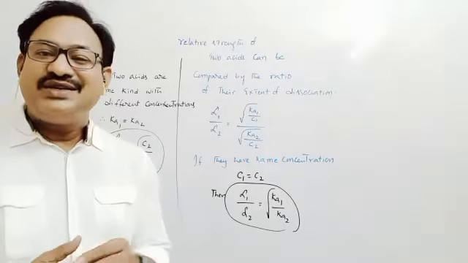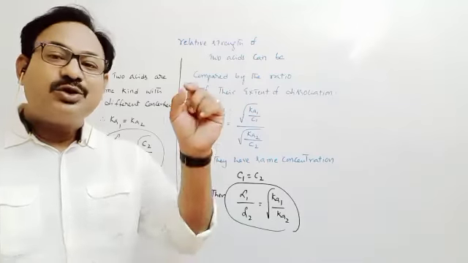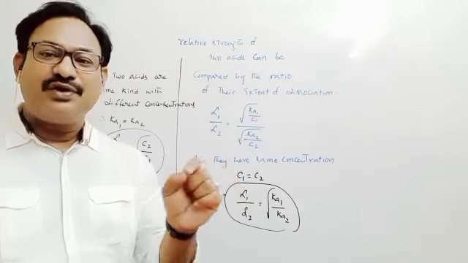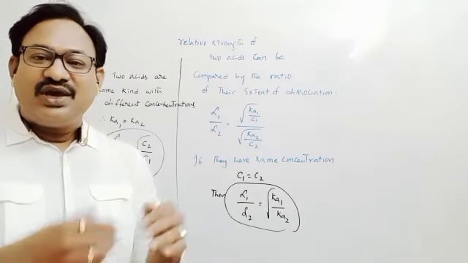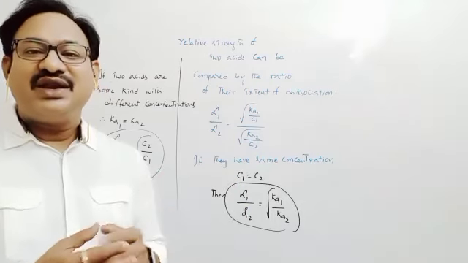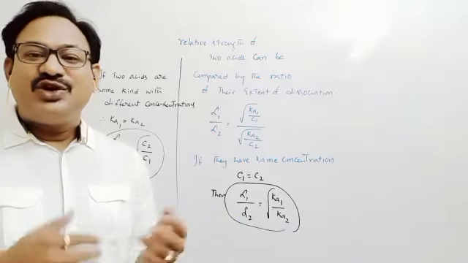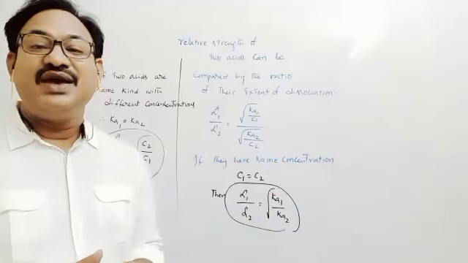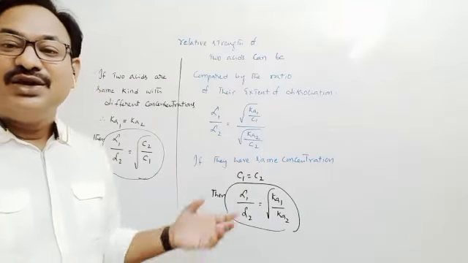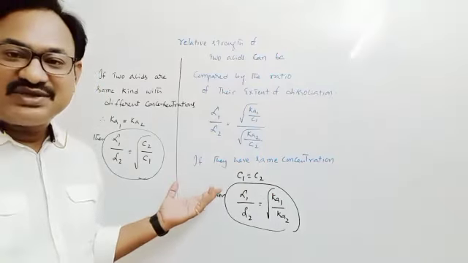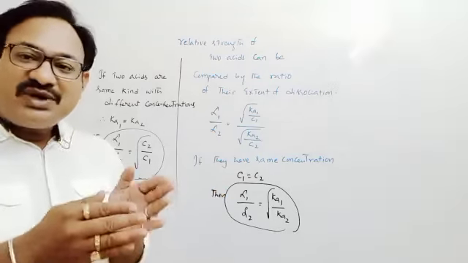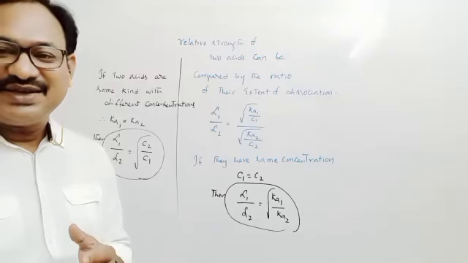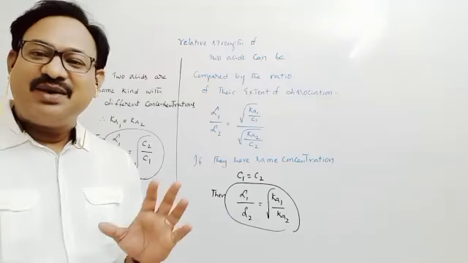Usually in NEET and JEE, the questions are which of the following is a strong acid and which is a strong base, or what is the ratio of their relative strength, or the ratio of their dissociation constants given the extent of dissociation. For that purpose this topic is very important, and if you know the basics properly you can get the remaining questions quite easily. Okay, so until then, bye bye.